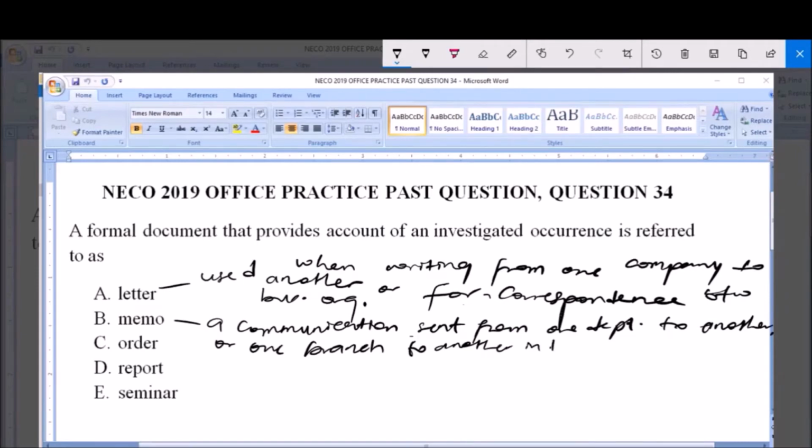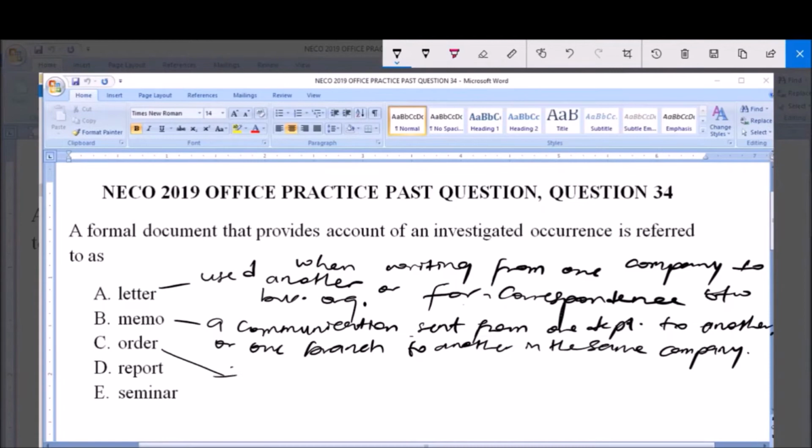When we discuss a letter, we say it is a written form of communication between companies, from one company to another. But a memo is just a communication between departments or branches in the same company. We also refer to a memo as a note to assist the memory.